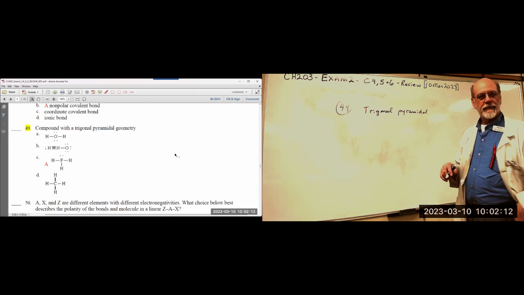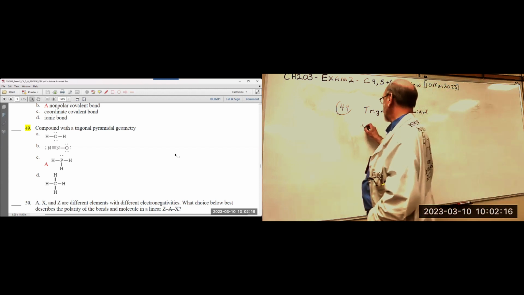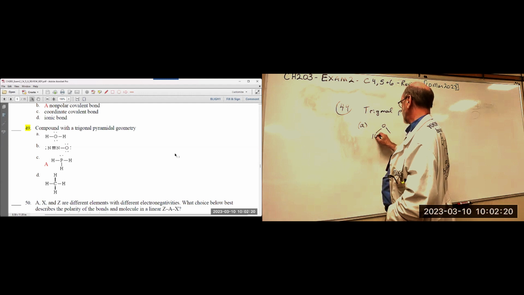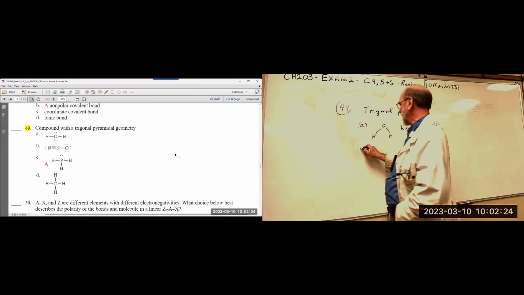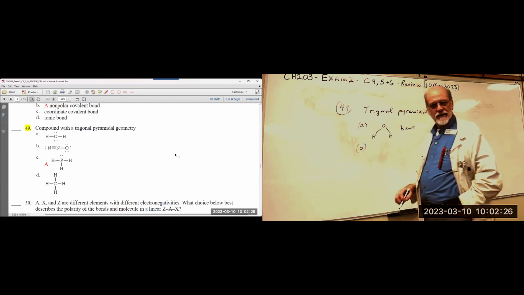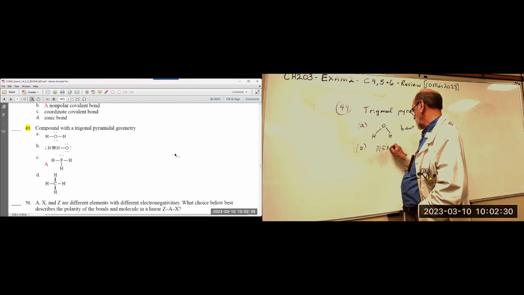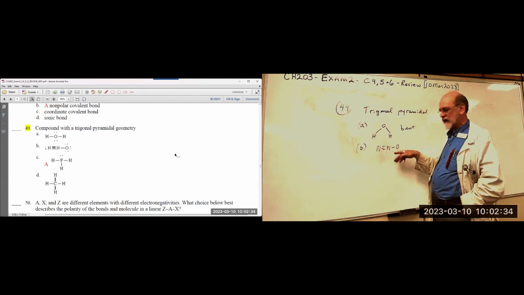All right, what's HOH? That's water, right? So what's the geometry of water? That's bent. Or your book might call it angular. How about the next one? NO? With all the other electrons around it.